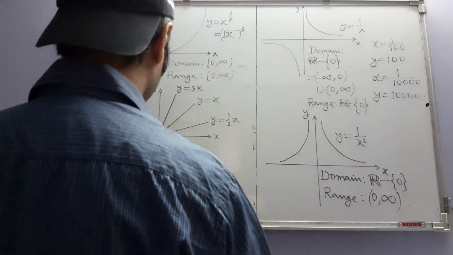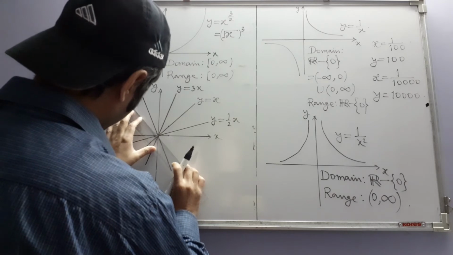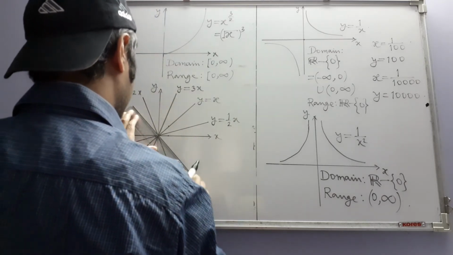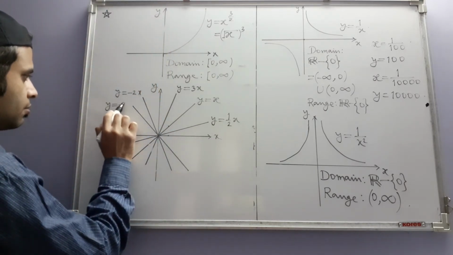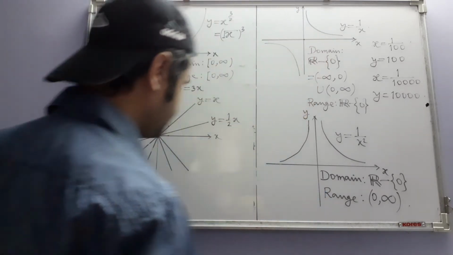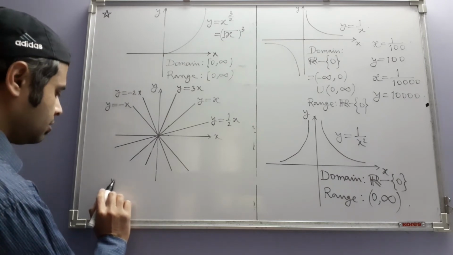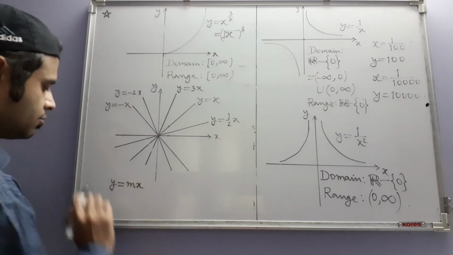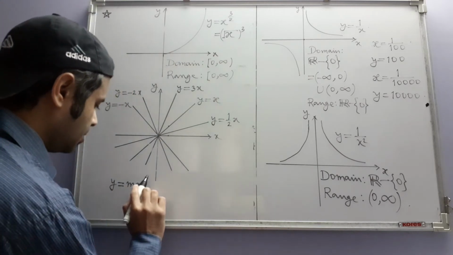So this is y equal to minus x, and then perpendicular to this is y equal to minus 2x. And here all the equations are of the form y equal to mx for selected values of m.